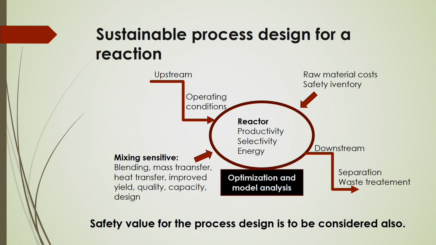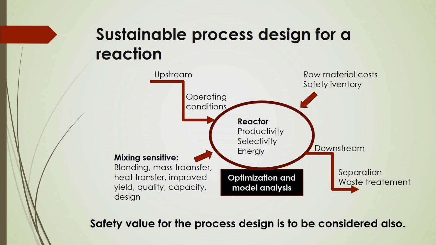And in the reactor you have to model and optimize the process or productivity based on the operating conditions and the raw materials used, considering the price. So, for a sustainable process design, this outline of the reactor with optimization and model analysis is to be considered. Safety also has to be considered in parallel for the process design, especially for this reaction system.